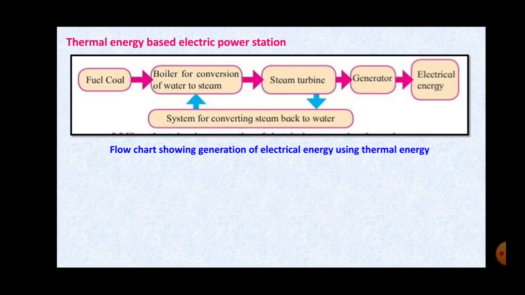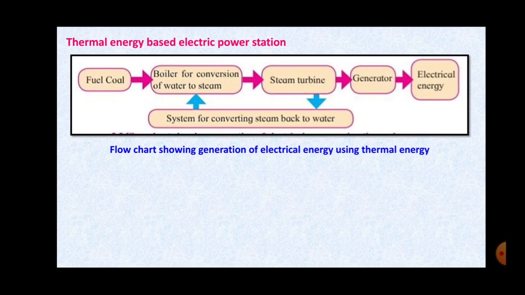Now this water is again turned back to the boiler. The turbines in turn move the generator, and in the end the electrical energy is produced. So this is the flow chart of the generation of electrical energy with the help of steam, and that is why it is called a thermal energy power plant.